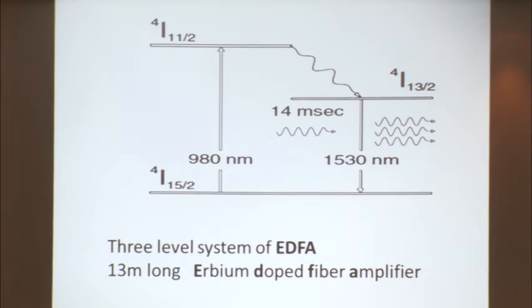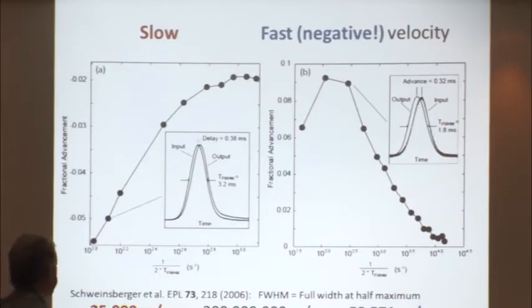And if you go the other way around, then you can even accelerate the signal. This was shown in the next picture by Schweinsberger, for instance; there are lots of investigations on this.